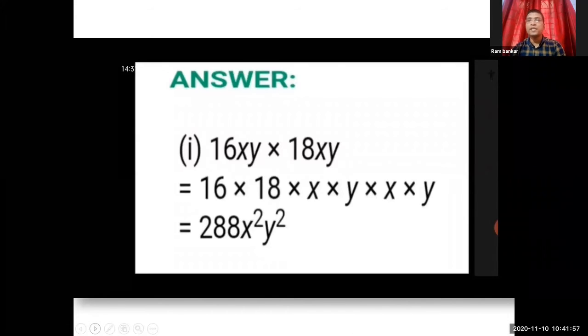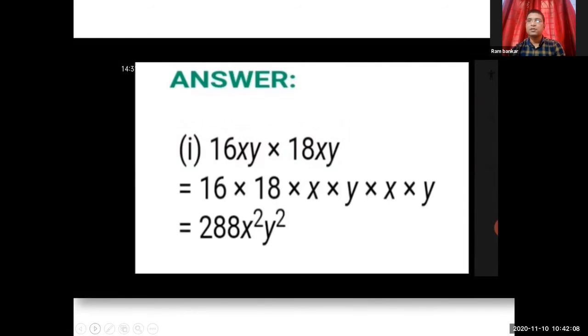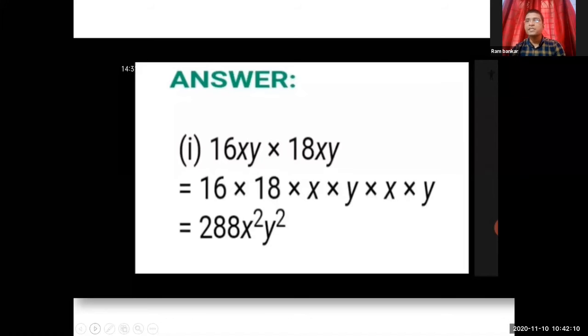There are 2 x's and 2 y's. Look at the last step, 16 into 18, how much? 288. And the next is x into x, x square, y into y, y square. So 288x square y square is the answer of this equation.